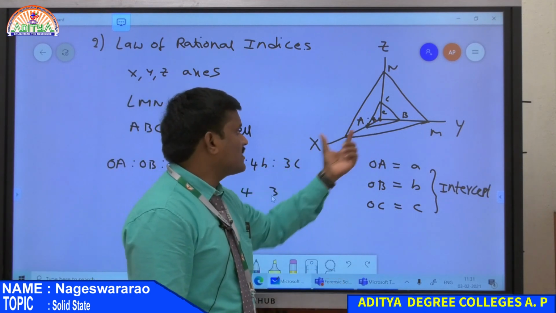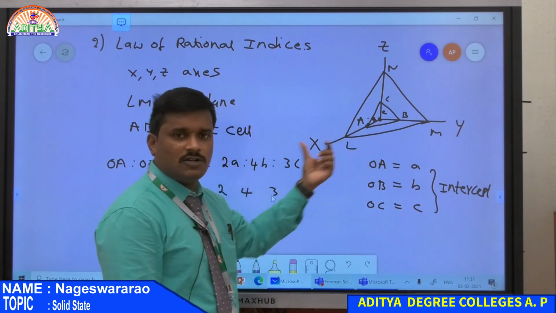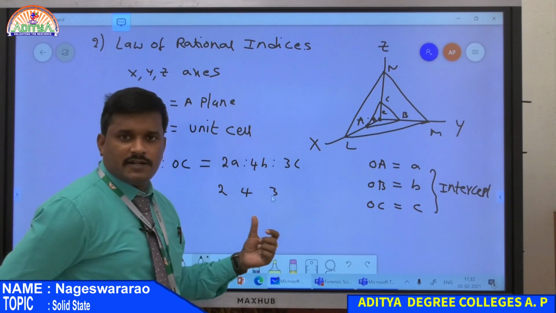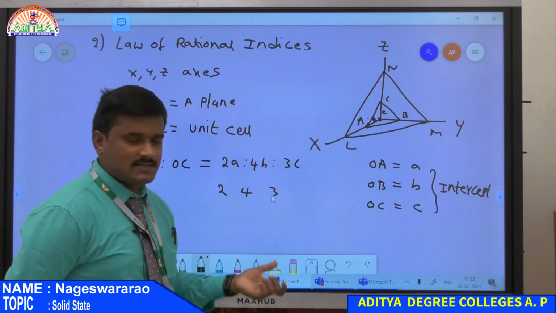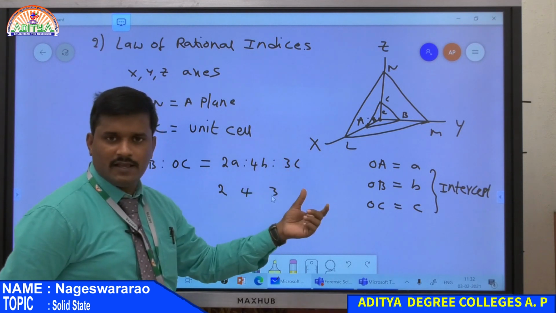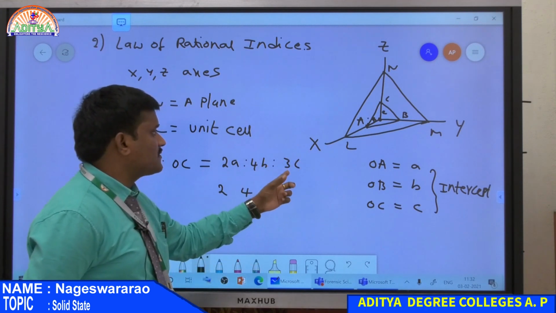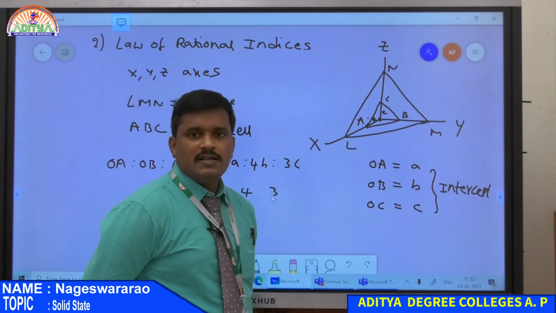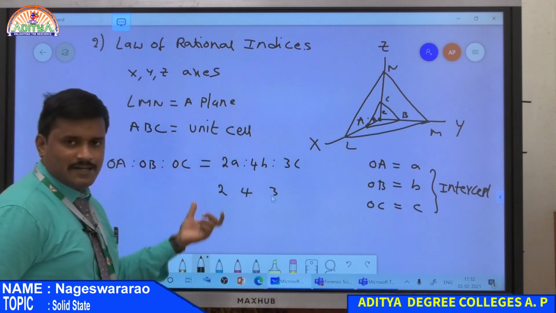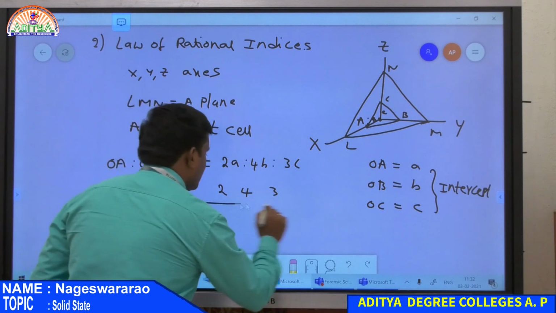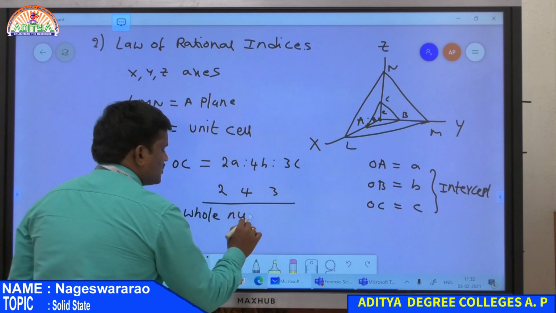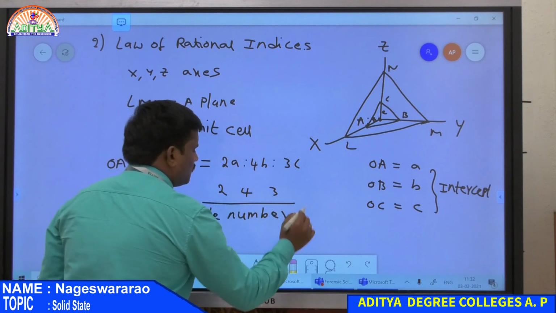Along the x-axis its intercept is equal to 2a, where 2 is nothing but the coefficient of the unit cell along the x-axis, and 4 is the coefficient of the unit cell along y. Similarly 3 is the coefficient of the unit cell along the z-axis. Now the ratio of all these intercepts is always in simple whole numbers, these whole numbers 2, 4, 3.